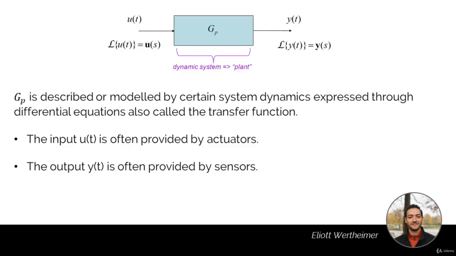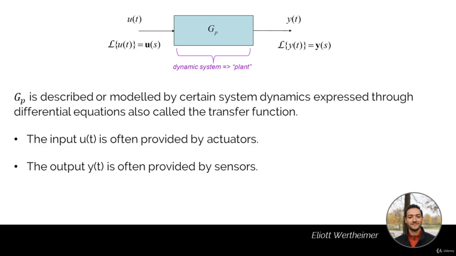For example, if you're driving a motorcycle, you're going to use the throttle as an actuator, which becomes the input to the system that is the motorcycle. Same thing if you're driving a car, you're going to use the pedals to give the input, and the input is provided by the actuators because the pedal is an actuator.